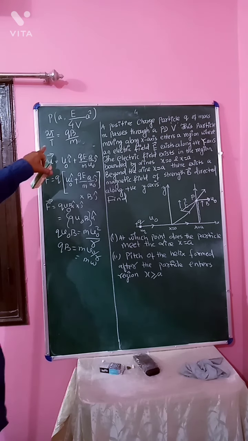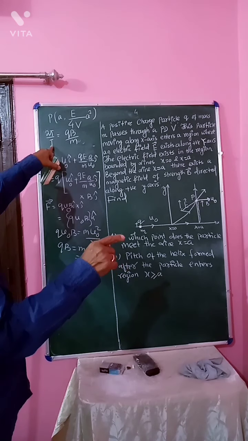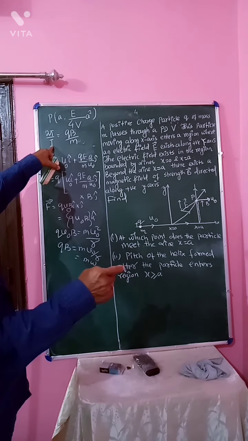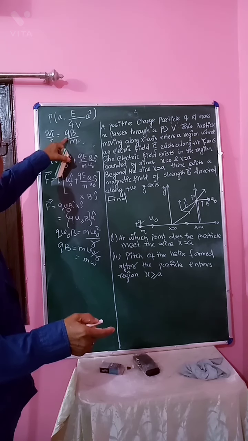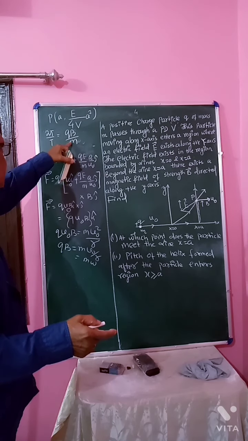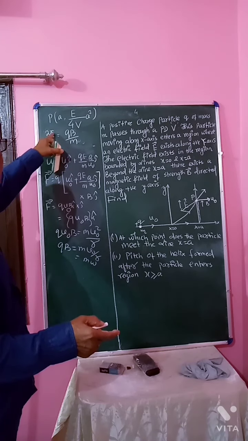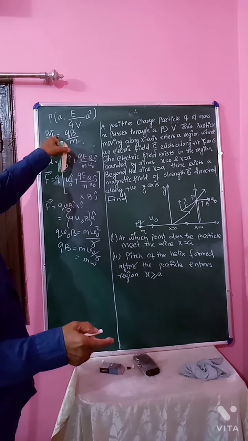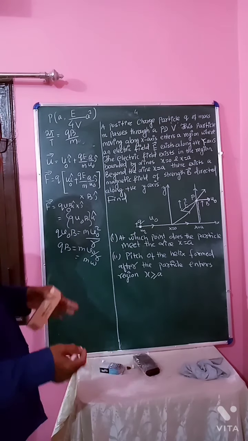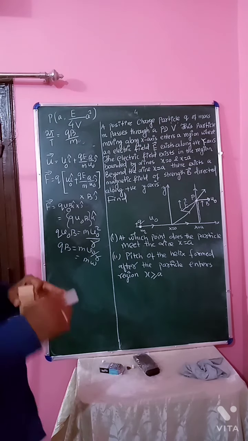This shows that the time period does not depend upon the radius. Time period of motion of the particle in a circular path depends upon the charge, mass of the charge, and magnetic field. And 2 pi f equal to qB by m, and f is known as cyclotron frequency that we can find out. It is very important from the examination point of view.